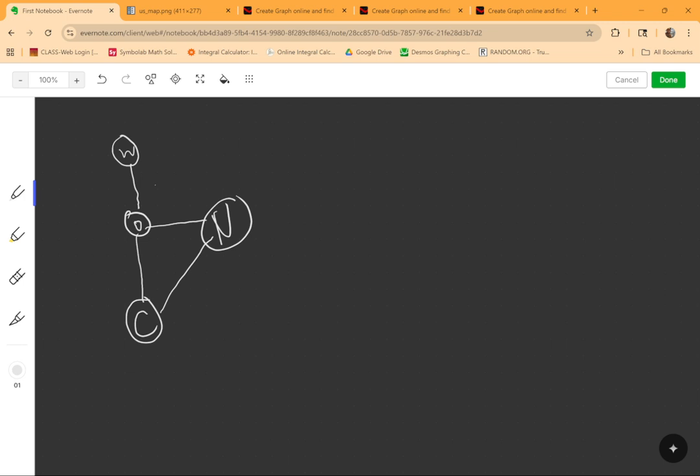Before this was the extent of our graph, but now we're going to assign some coloring.